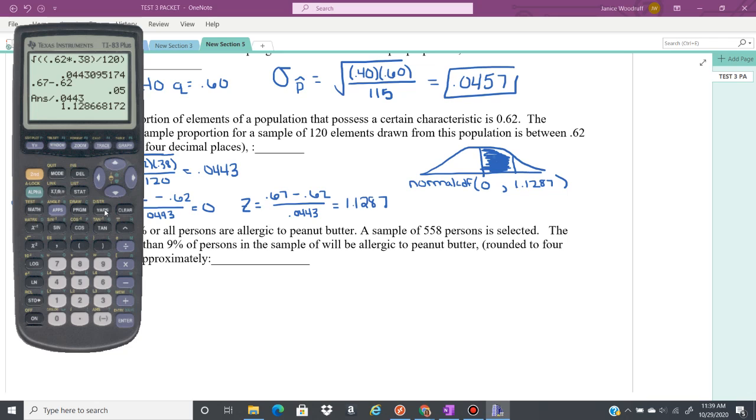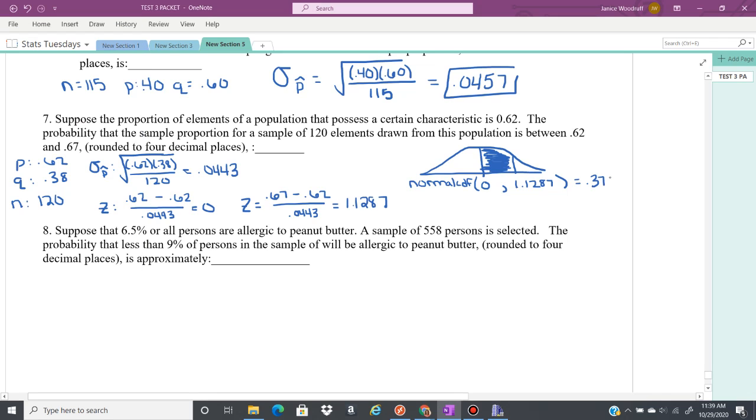So second distribution, normal CDF, 0, 1.1287. I'm going to get 0.3705. Okay, so the probability that this certain characteristic is between 0.62 and 0.67 out of these 120 elements is 0.3705.